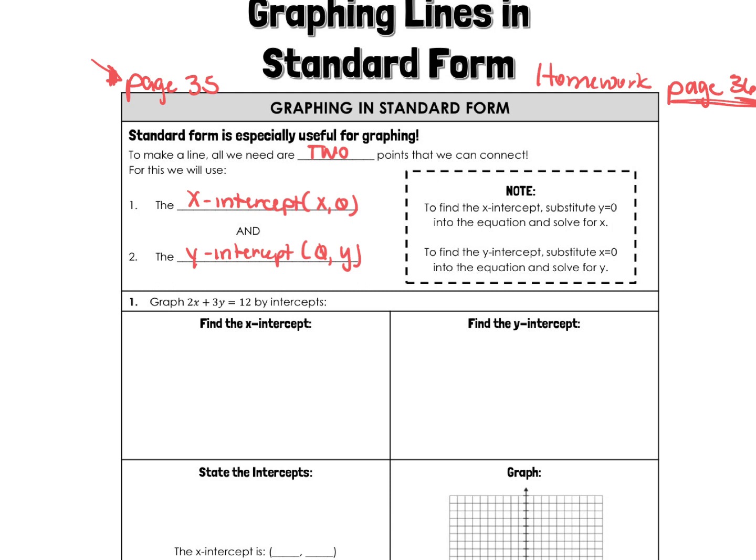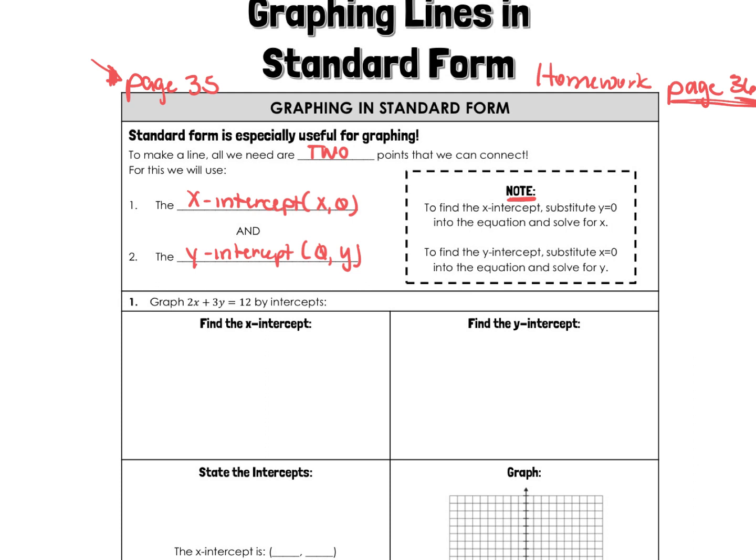It says in the note, to find the x-intercept, substitute y equals 0 into the equation and solve for x. To find the y-intercept, substitute 0 in for x into the equation and solve for y.